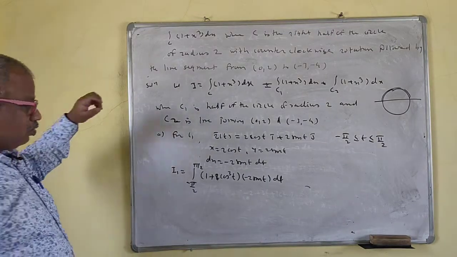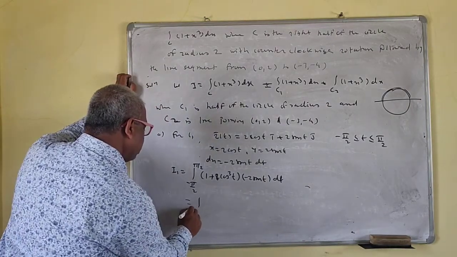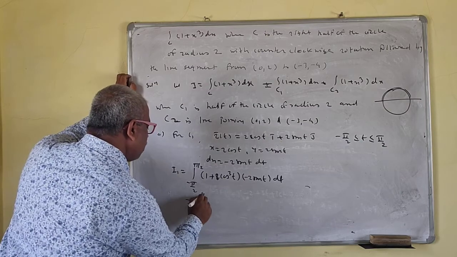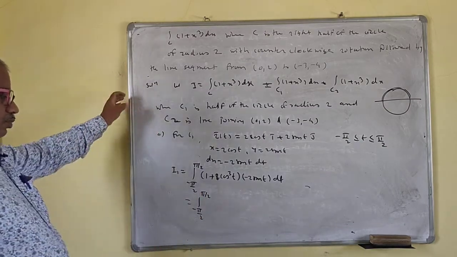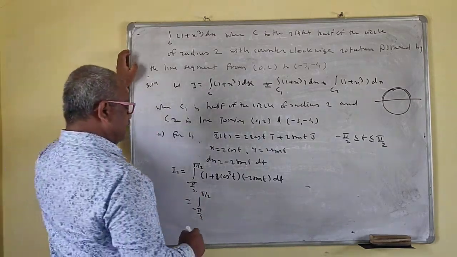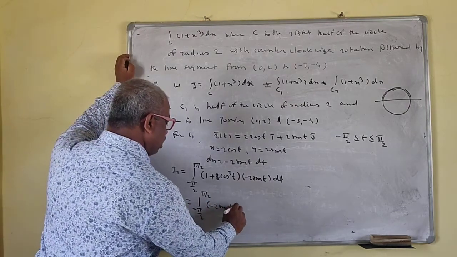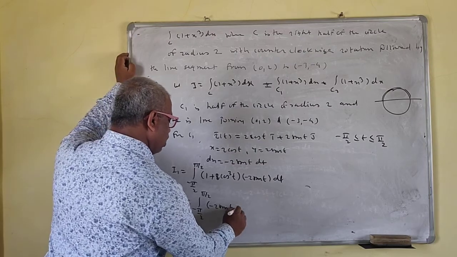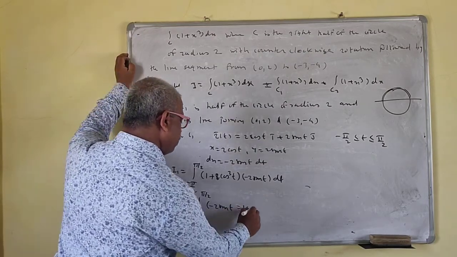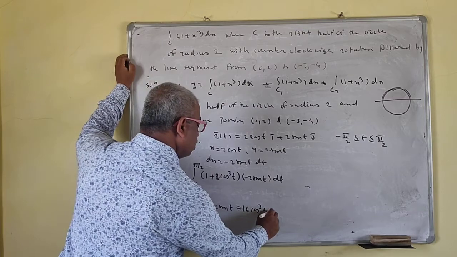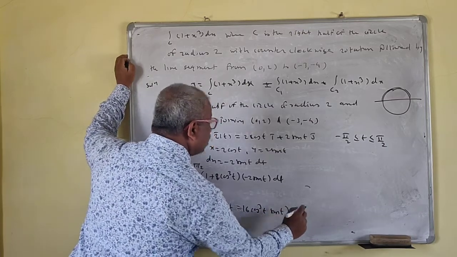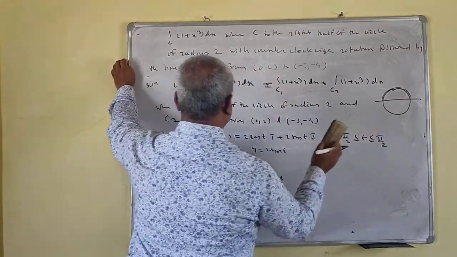Okay, so here we can write minus pi by 2 to pi by 2. So we can write this as minus 2 sin t minus 16 cos cube t sin t dt.